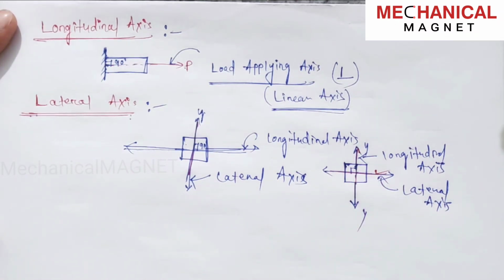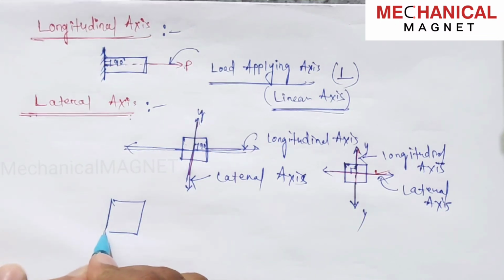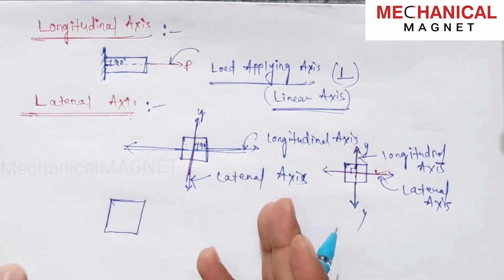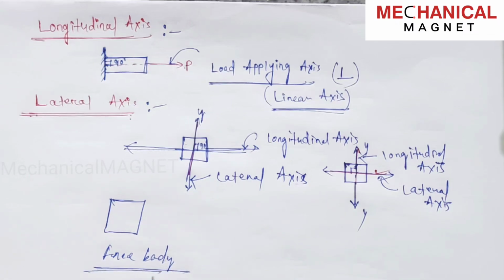So coming to another thing, if a body is there without any support, without any constraint, we can say this is a free body. It will be free to expand. This is a free body, it will expand. Okay, if it is a free body, then what will be the stress and what will be the strain?